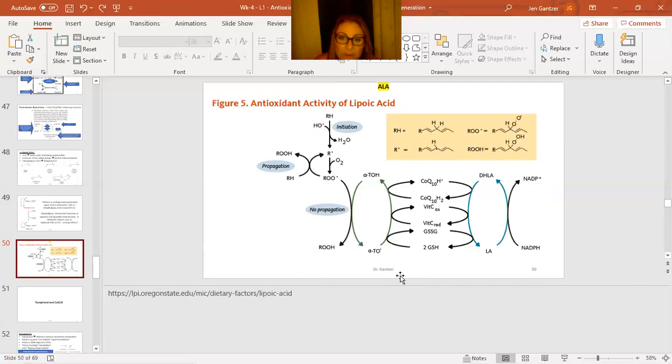And then all 3 of these can help recycle our vitamin E. You haven't learned this picture yet, but this is a demonstration of CoQ10, vitamin C, or glutathione in their reduced states, all being able to recycle that tocopherol radical. This is vitamin E if it's not reduced, and then it has to be regenerated to be a functioning antioxidant again. So alpha lipoic acid is really important.